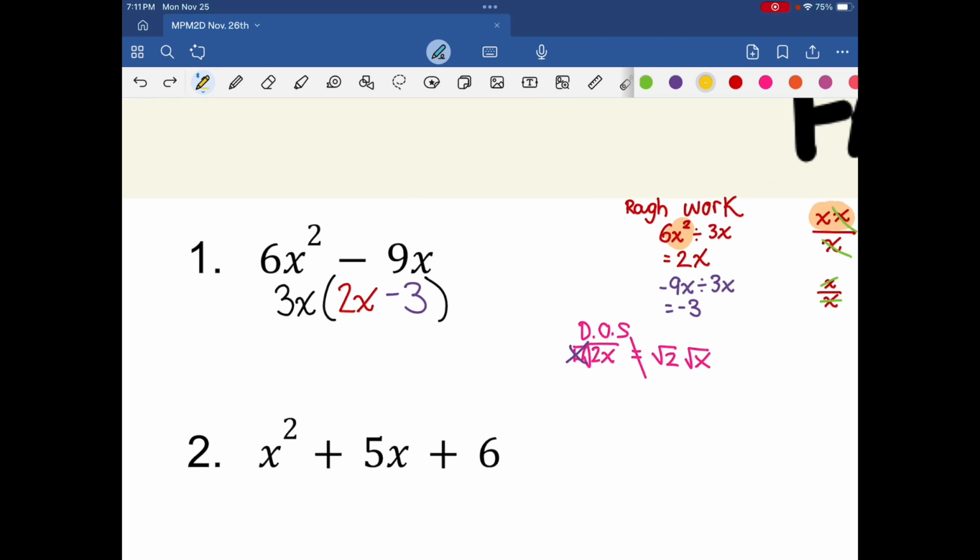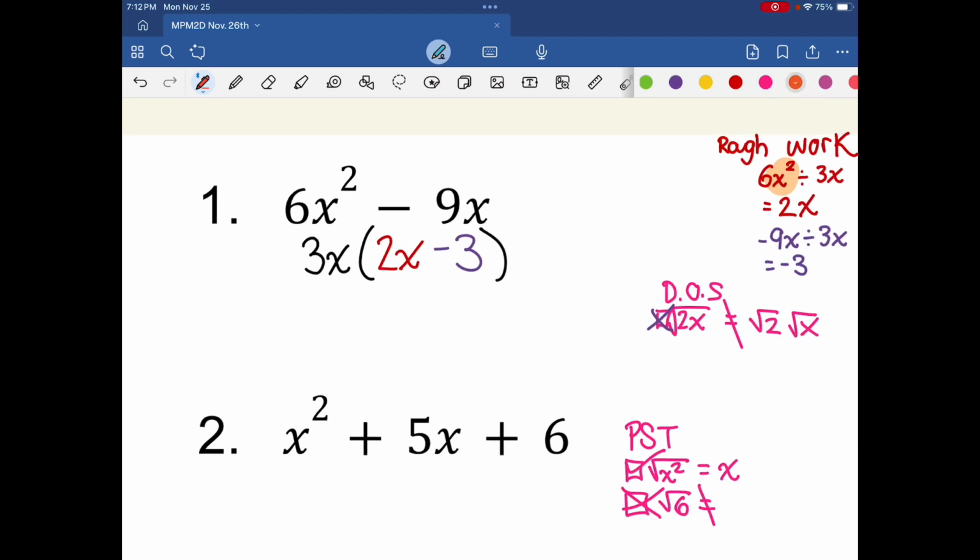Let's first determine, is this a perfect square trinomial? Can we square root our first term? Square root of x squared, x, okay. So far, so good. Can we square root our last term? Square root of 6. Oh, we can't do that. So it's definitely not a perfect square trinomial. I don't even need to check the other conditions.